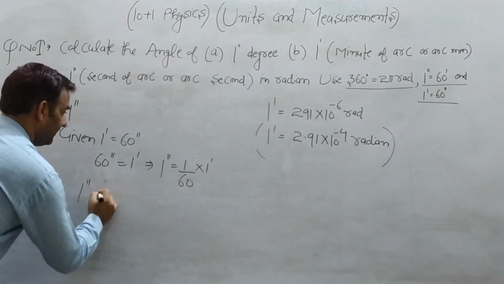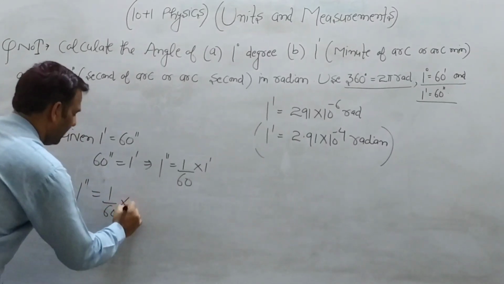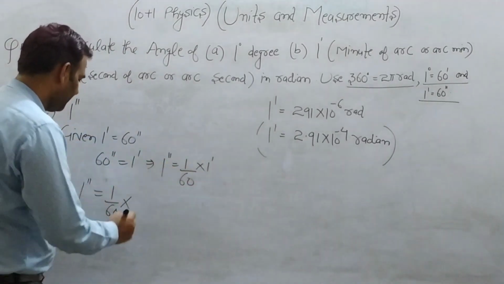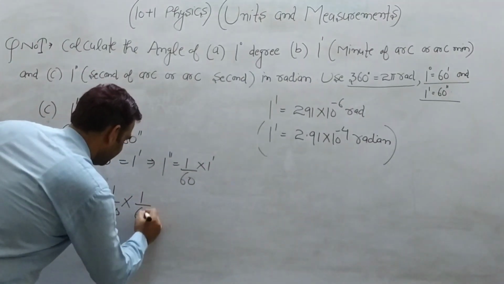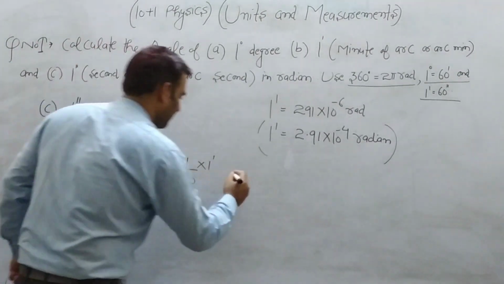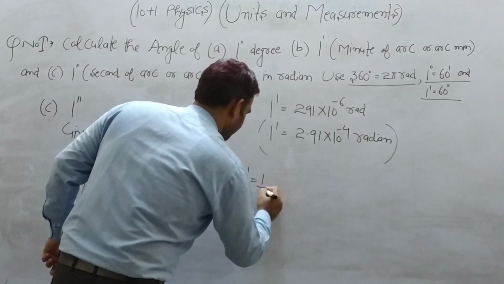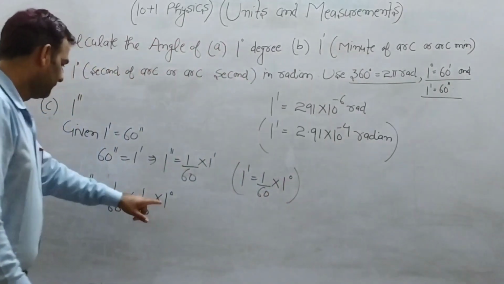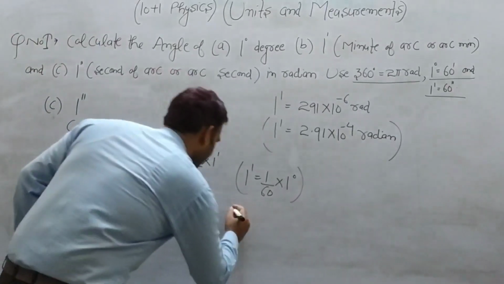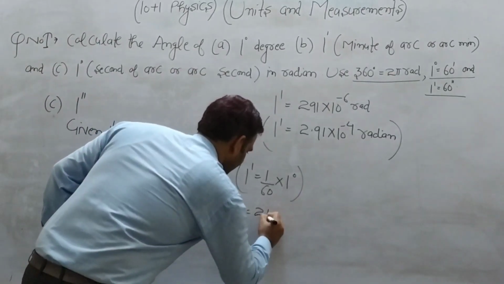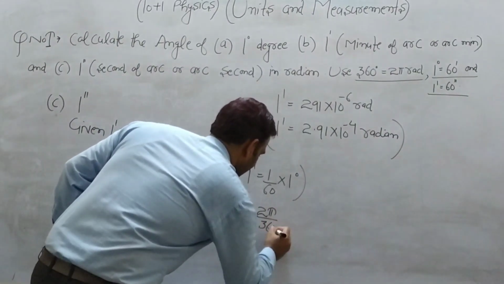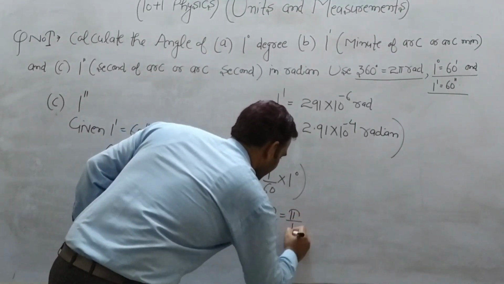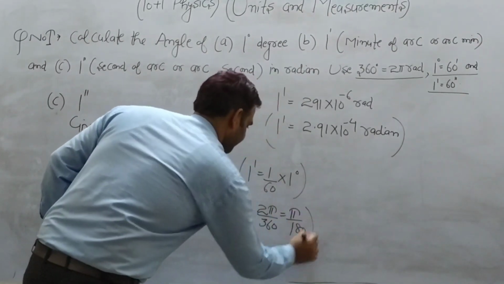And what is 1 minute? 1 minute equal to 1 upon 60 into 1 degree. So what is the value of 1 degree? 2 pi upon 360, or simply you can write it as pi upon 180.